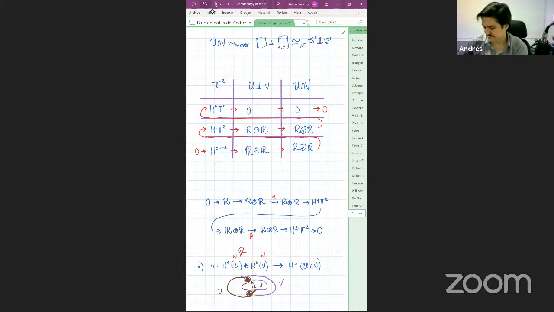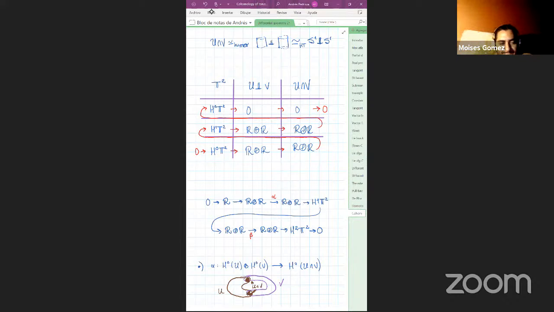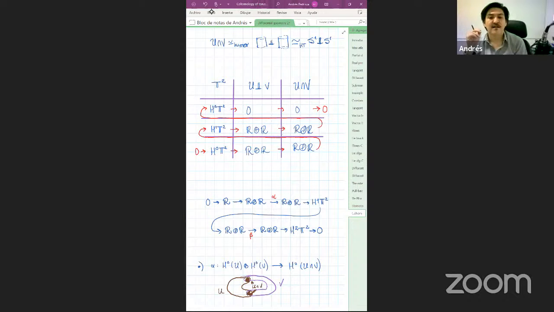Anyone? The smooth functions. Moises, come again? The smooth functions.